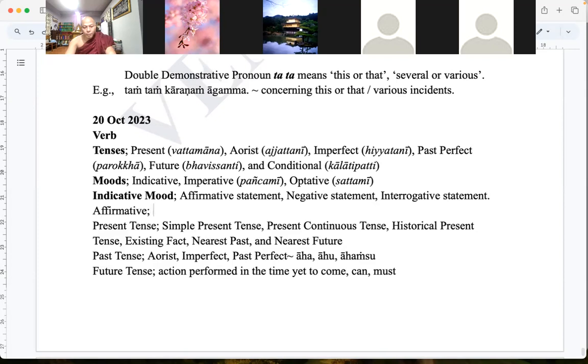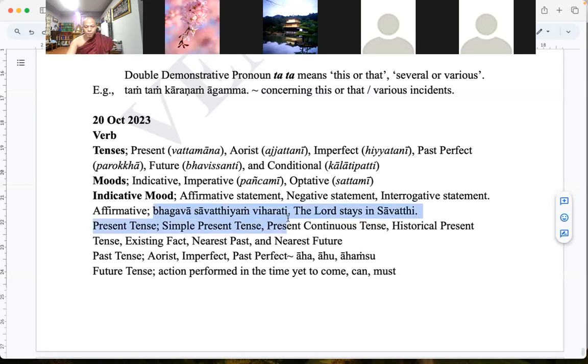So affirmative example: the Lord stays in Sāvatthī. So here, affirmative.